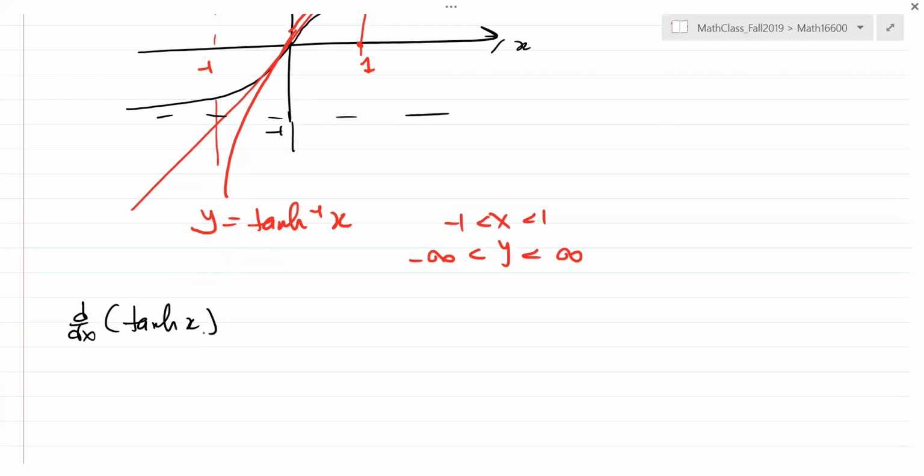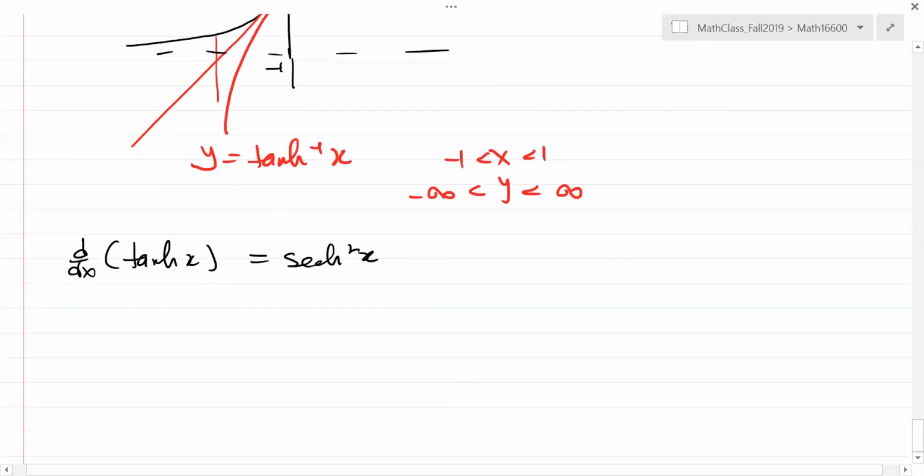It is hyperbolic secant squared x. So let's find the derivative. It's a good exercise, right? Find the derivative of the inverse function.